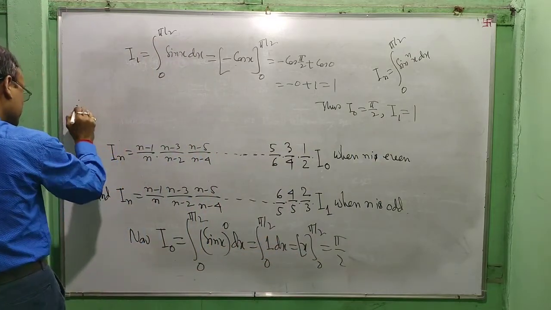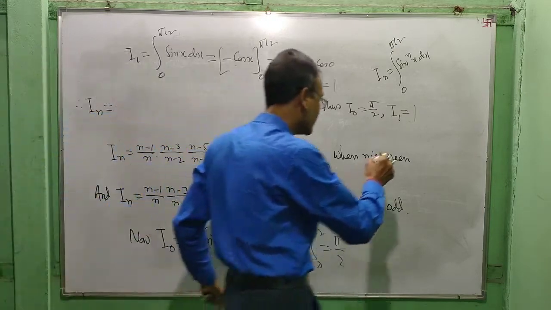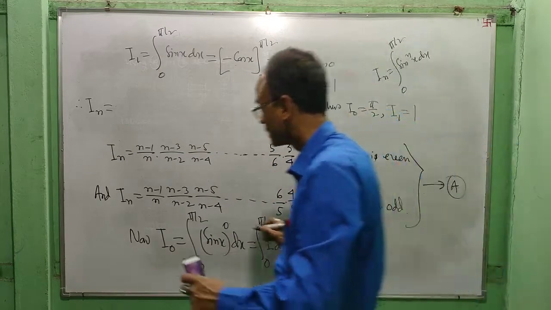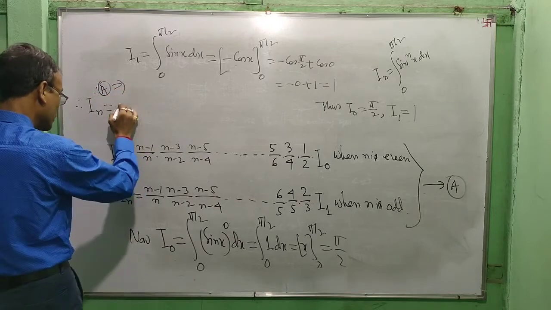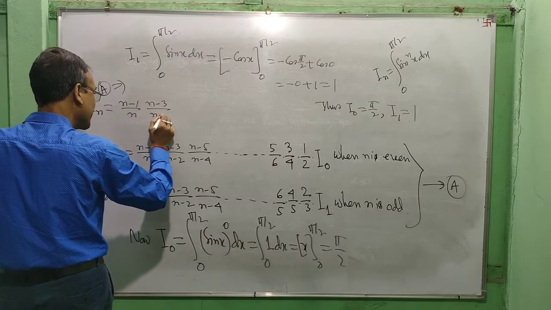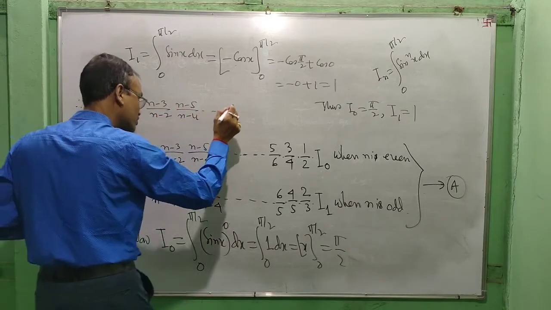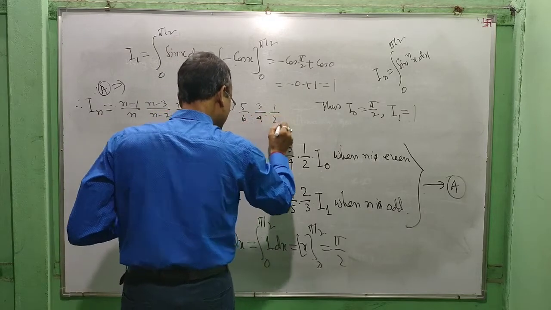Therefore, I_n is equal to, from this, suppose this is number A. Therefore, A implies I_n equal to n minus 1 by n, n minus 3 by n minus 2, n minus 5 by n minus 4, and so on, 5 by 6, 3 by 4, 1 by 2.